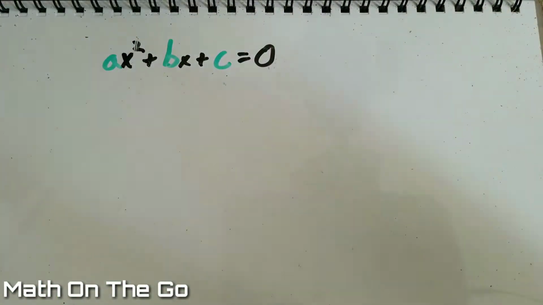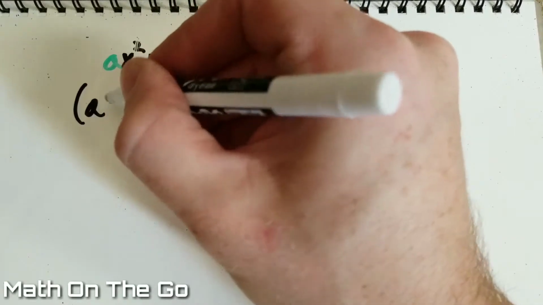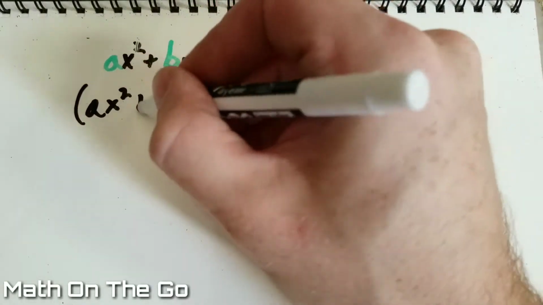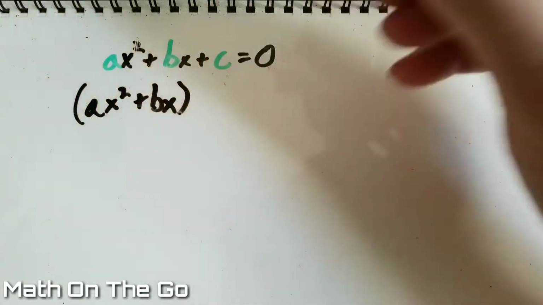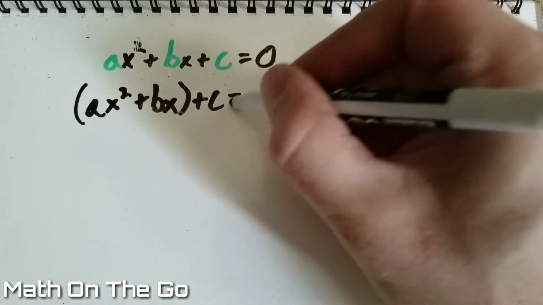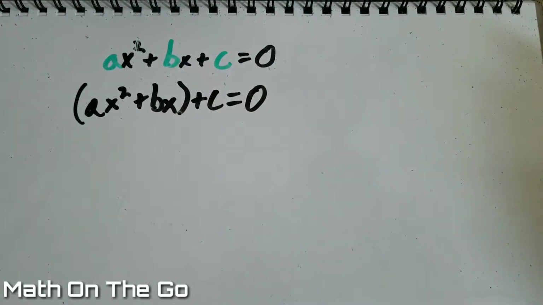Let's work this out. So the first step, we're going to group our x terms. So we're going to have ax squared plus bx in parentheses plus c equals 0, like that.